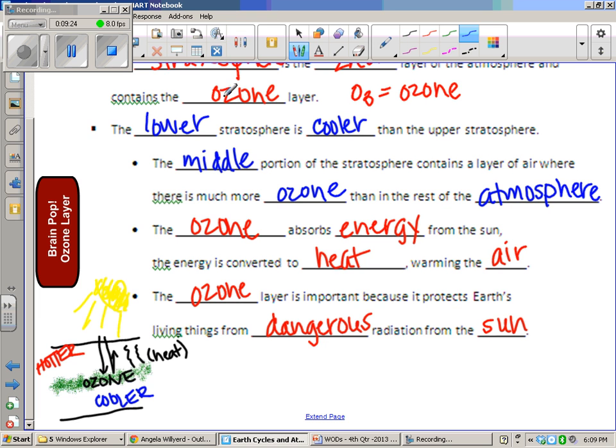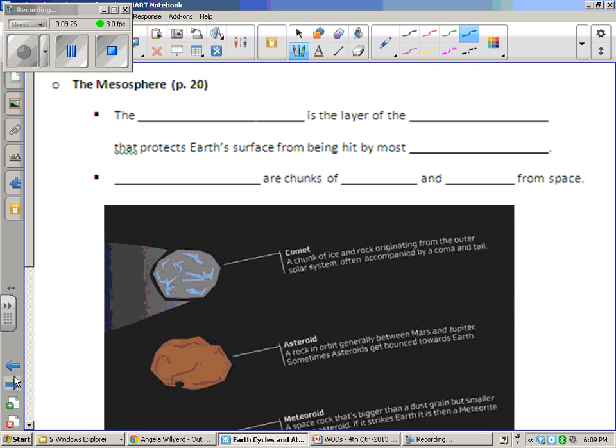Okay, let's go on to the next section, which is the mesosphere. This is on page 20. So the mesosphere is the layer of the atmosphere that protects Earth's surface from being hit by most meteoroids.